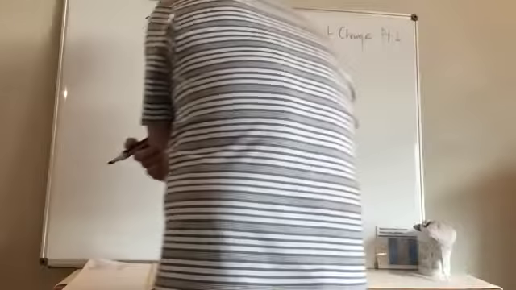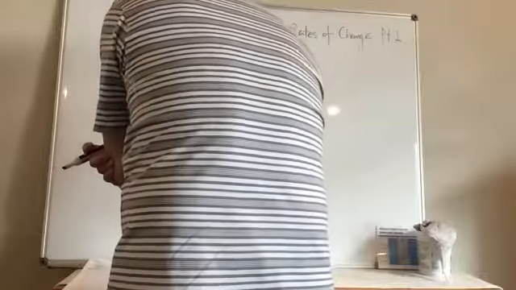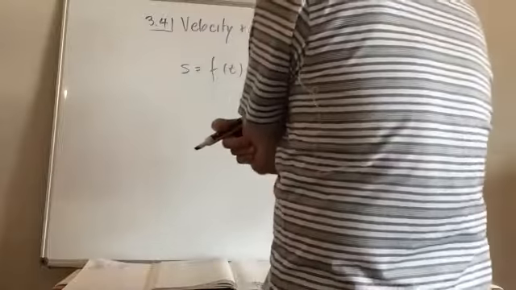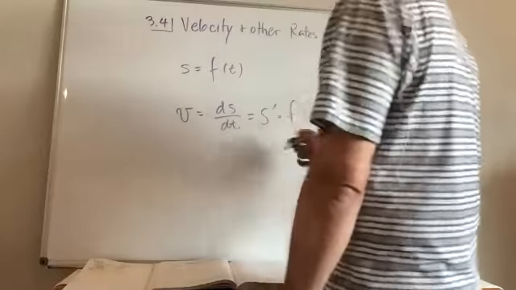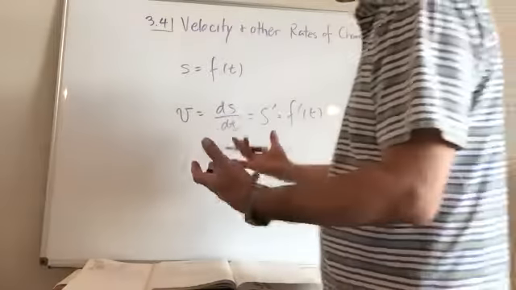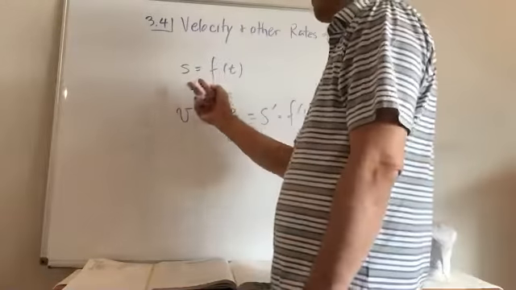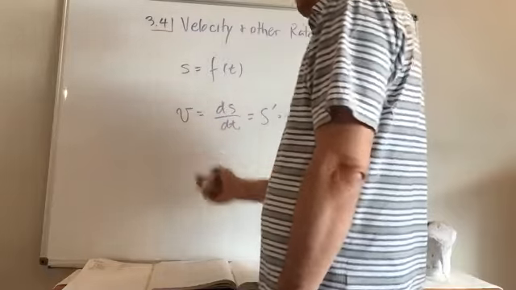So what do we know here? We know that the velocity is equal to ds dt, or in other words s prime, which here would be f prime of t, right? So if I take the derivative, the rate of change of displacement is velocity, okay?